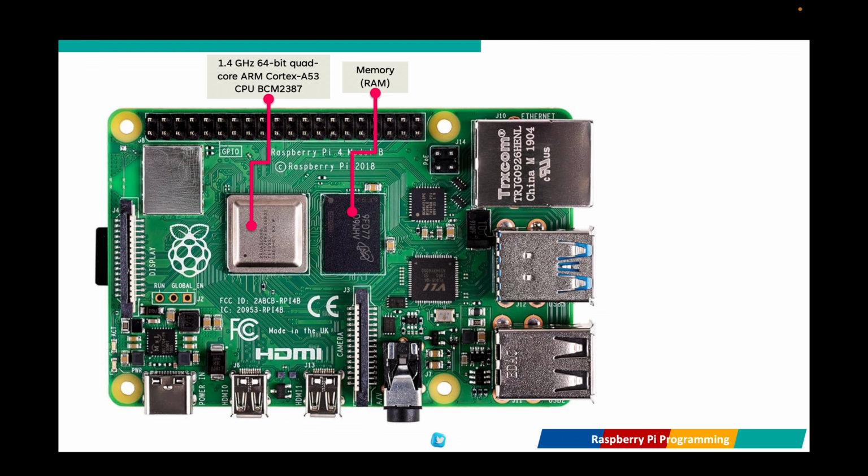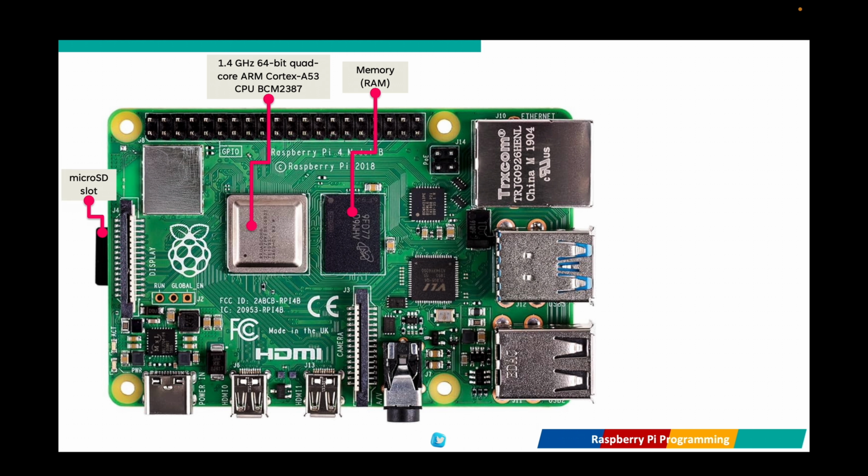Next, let's have a look at its RAM, the memory. Raspberry Pi 4 comes with multiple RAM options: 2GB, 4GB, or 8GB of LPDDR4 memory. More RAM allows for smoother multitasking and better performance in applications such as web browsing, programming, and even AI processing.